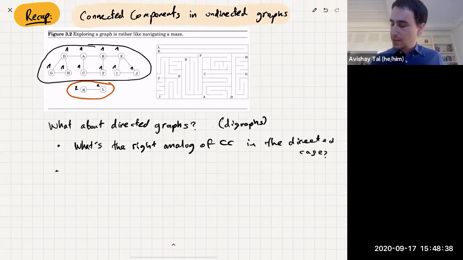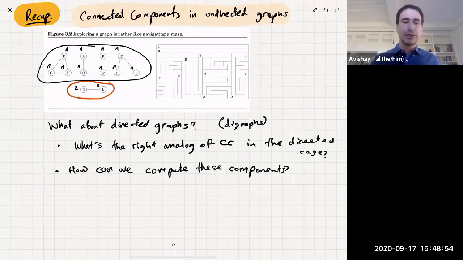And the second is, how can we compute these components? How can an algorithm output these components? We will do it in a very efficient manner, as efficient as we were last time, where we run in time linear in n plus m, which is just the size of the input. So it's linear in the input length.